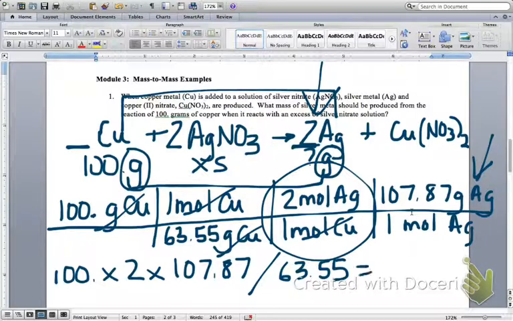How many significant figures did we start with in the number 100? 3 significant figures. So how many significant figures do we want in our answer? 3 significant figures. Okay? So let's type that into our calculators. 100 times 2 times 107.87 divided by 63.55. And then round it to 3 significant figures. Tell me what you guys get.